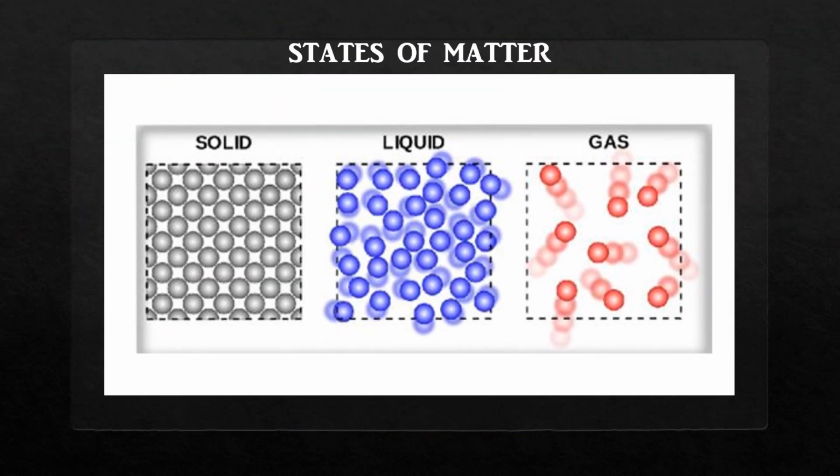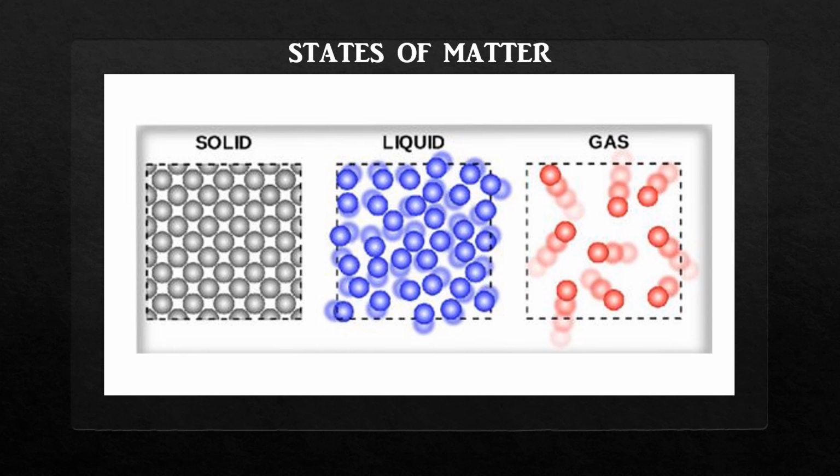As we know, matter can exist in three states, namely solid, liquid, and gas. Out of these, we have already learned a lot about the liquid and gaseous states in our previous classes. Together, liquids and gases are called fluids because of their ability to flow.